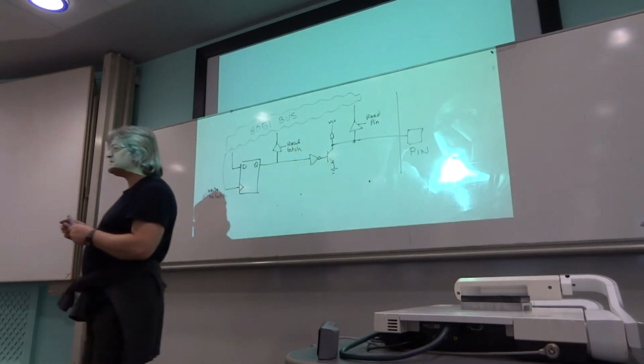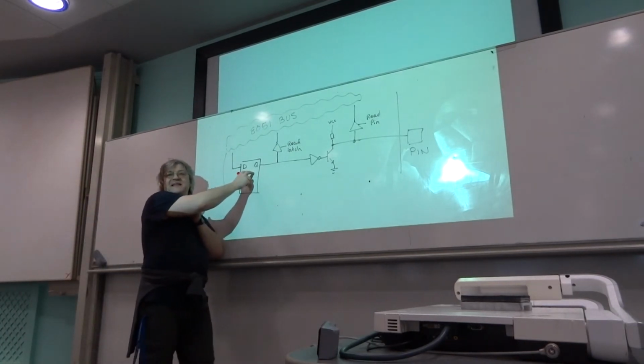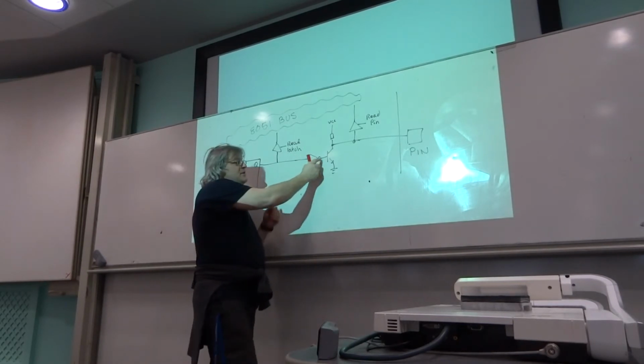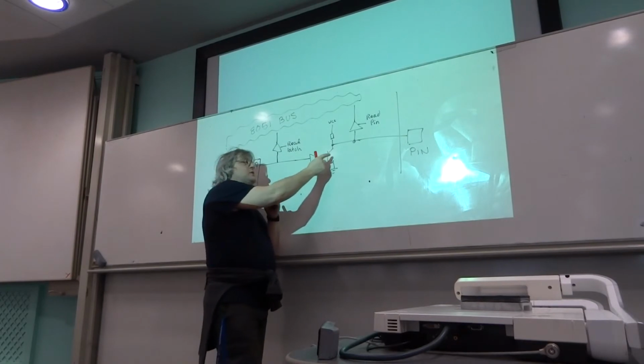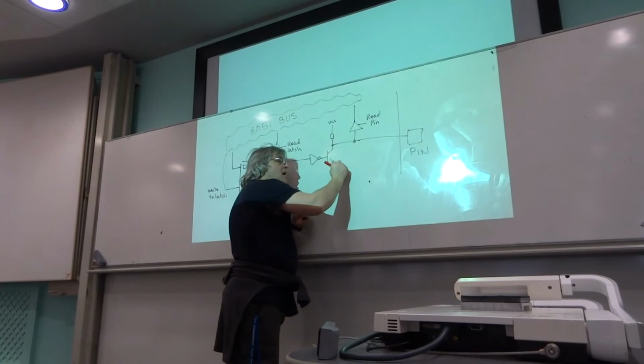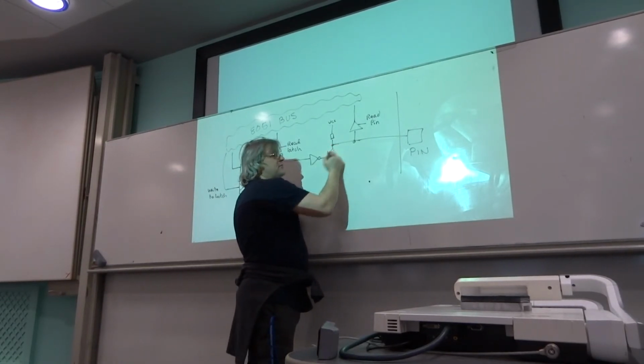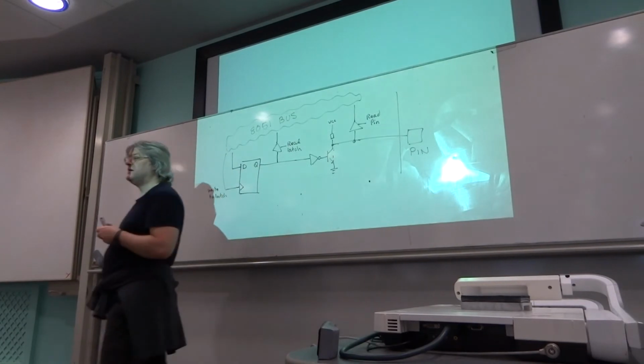I'll say that again slowly. If we were to write into here, to lock into this latch, the value such that Q is low, that means this inverter will make this thing go high, which will switch this transistor on, which will therefore bring this pin and pull it down to ground. It will basically connect it through here down to ground. And so the pin is low.